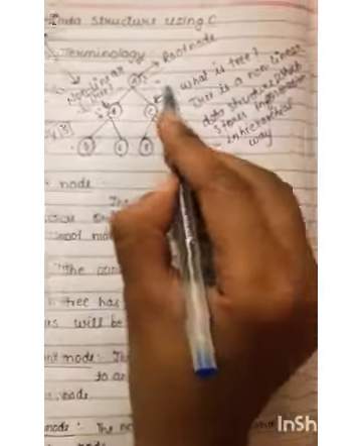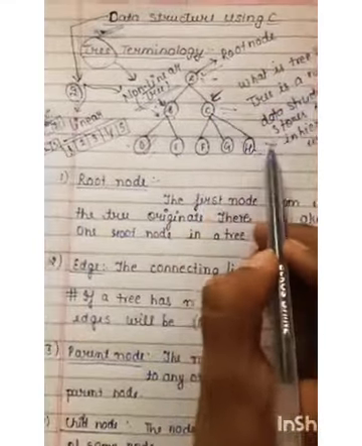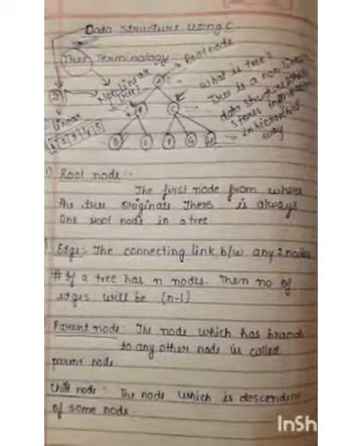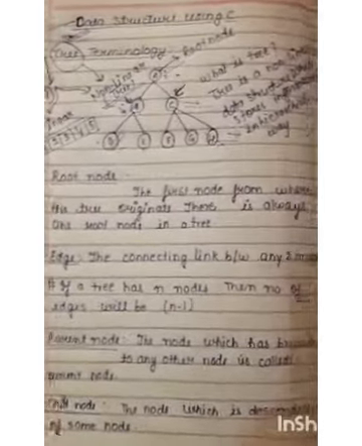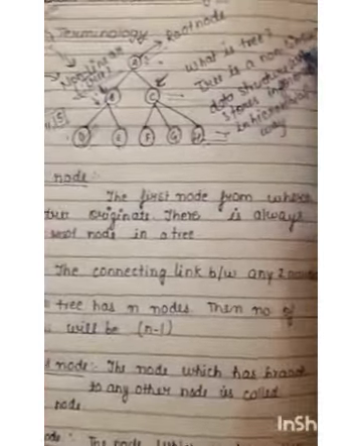Here you can see this hierarchy: A, then B, then C, and this one. So this hierarchy is maintained. If anyone asks you what a tree is, you will answer that a tree is a non-linear data structure.